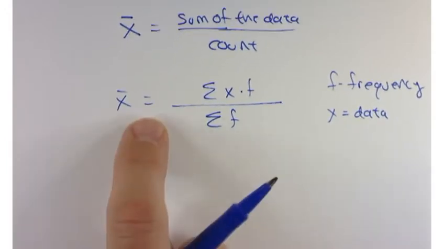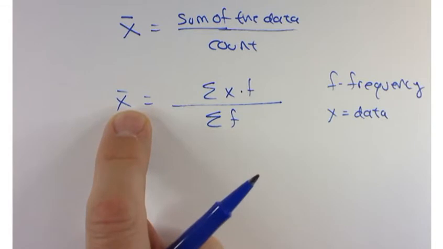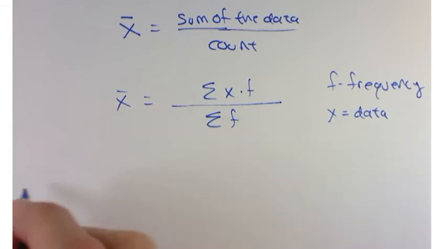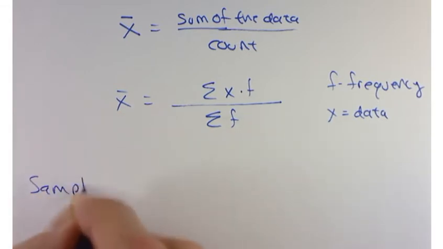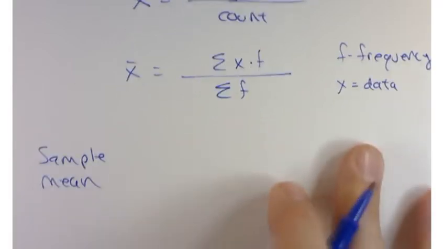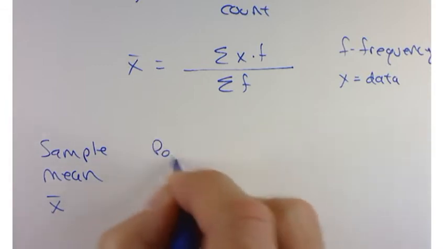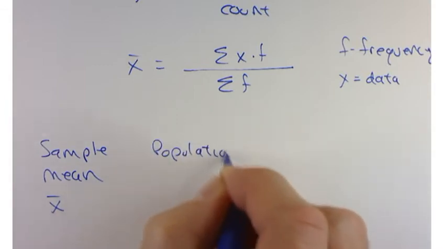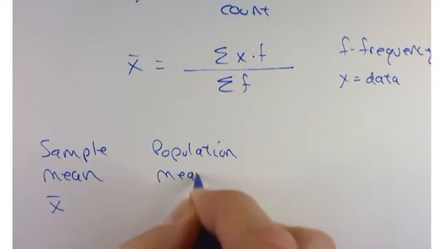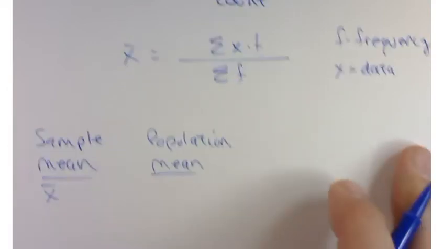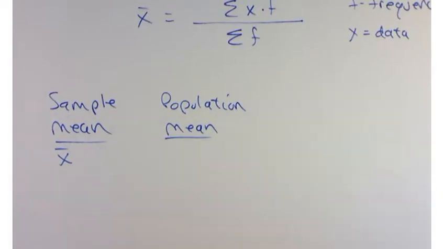Now, X bar is the sample mean. I could also work with the population mean. What's the difference between the sample and the population?